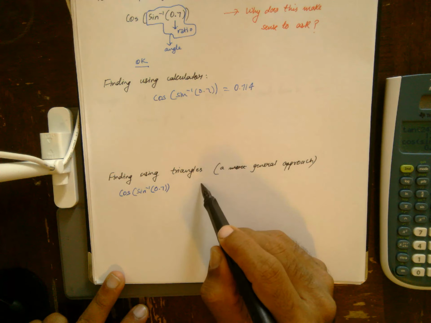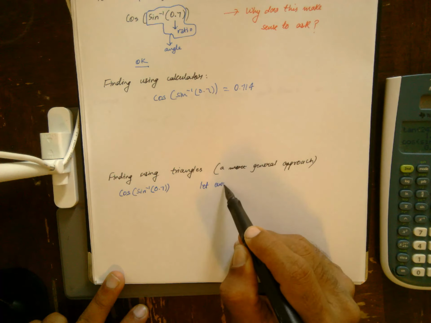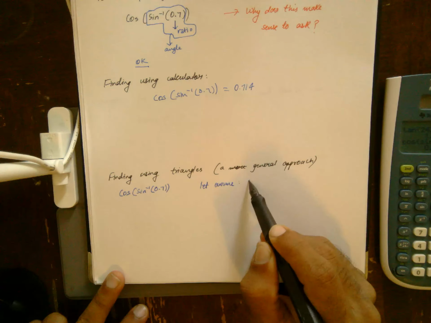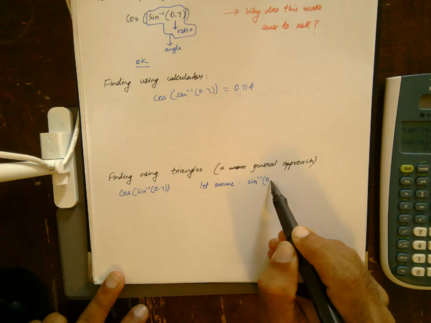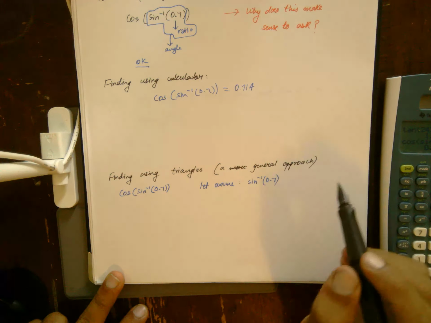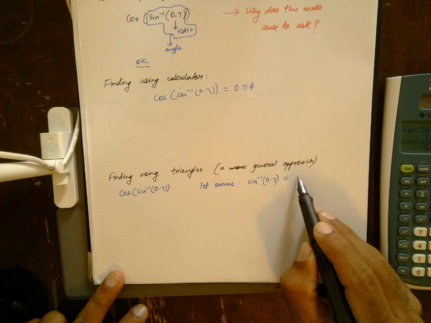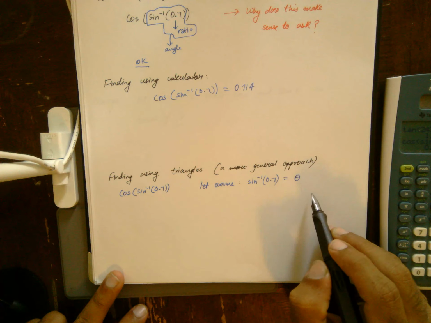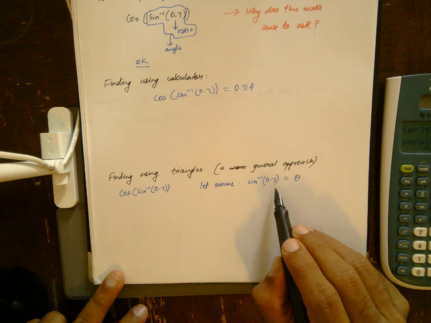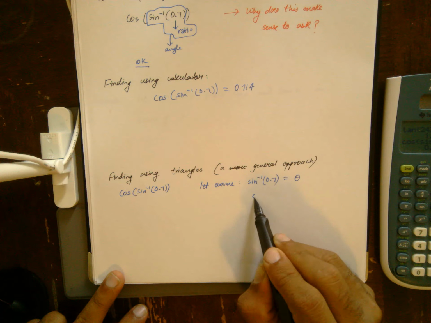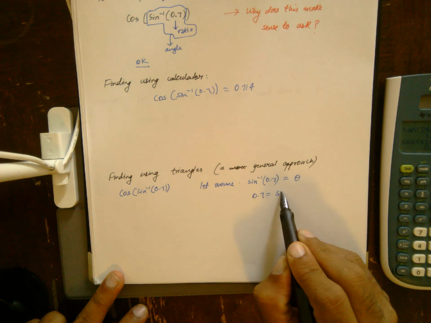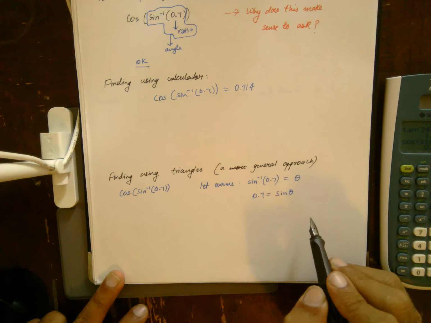Now let's assume that sine inverse of 0.7, let's say we don't have the calculator, we know this is going to be an angle. So let's say it is some angle theta. Now the inverse equals theta means that 0.7 is sine theta. And what are you trying to find?